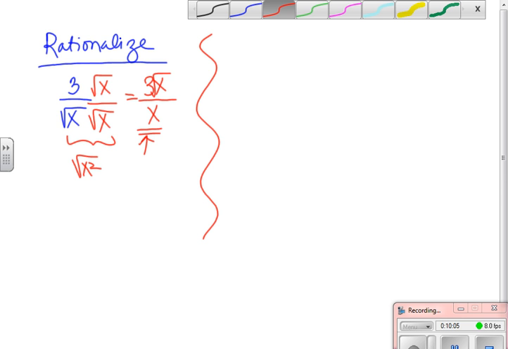Well, things are going to change. When we have something like 3 over the square root of x minus 2, now it's not so easy to know what we should multiply that by to get it out of the denominator. So in keeping with the idea of needing perfect squares, this example really isn't that different from this one, because I need this exact thing.